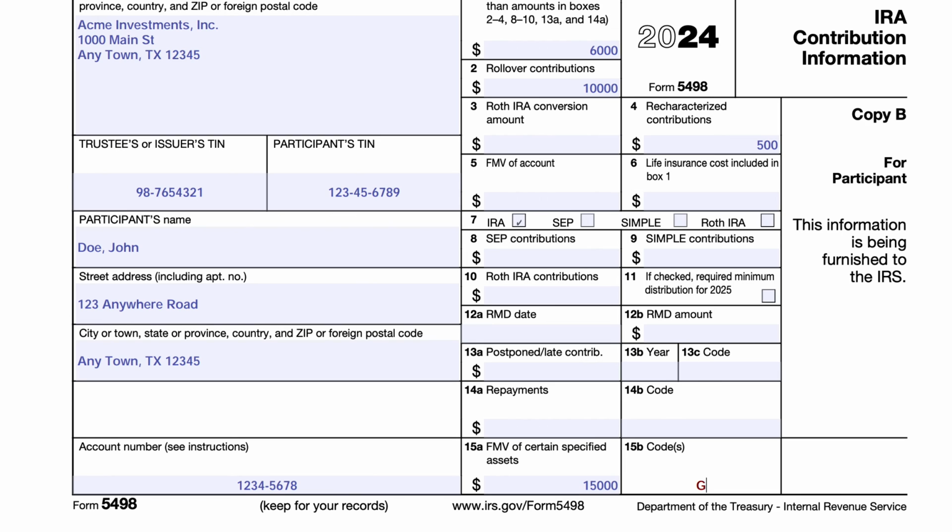And then there can be up to 2 codes listed here. So you might see something like A for stock that's not publicly traded and D for real estate. But if there were more than 2 codes that were applicable, you would see H. And that literally means more than 2 types of assets of the ones that were listed A through G are in this IRA.